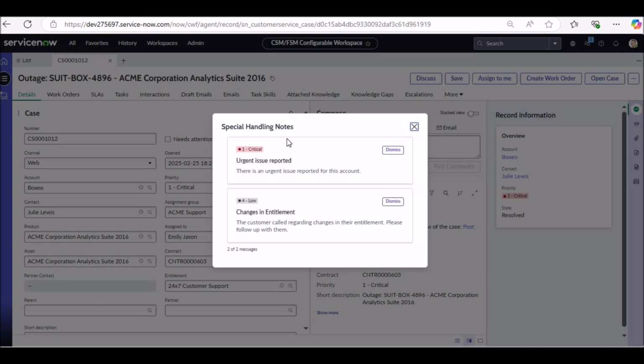This is for the agent in case any specific handling is required or any changes are made. All these can be maintained under special handling notes, like urgent issue reported, change in the entitlement, so that other agents working on this at a later period can look at the special handling notes and take the action.